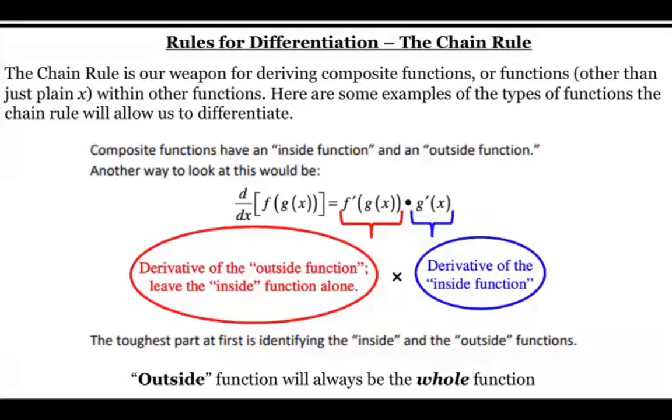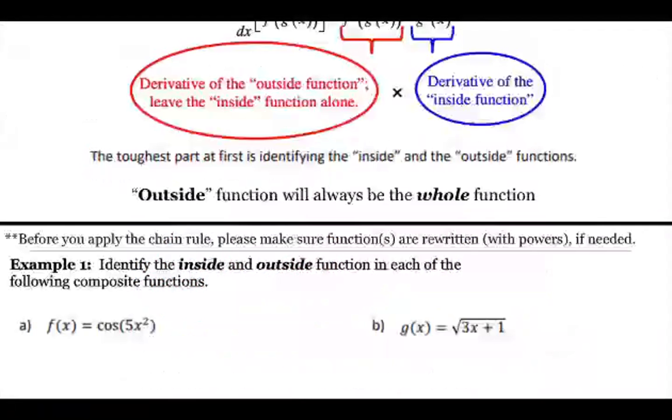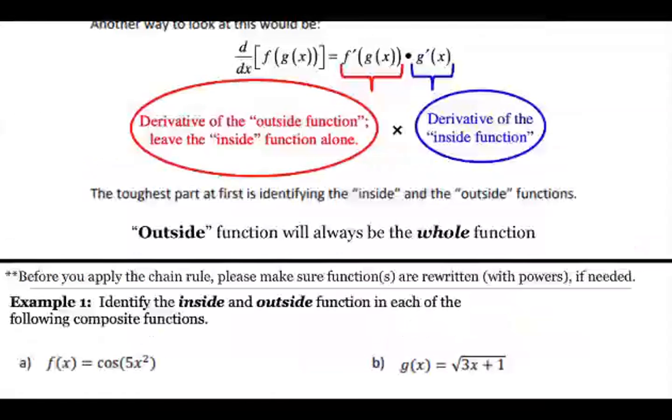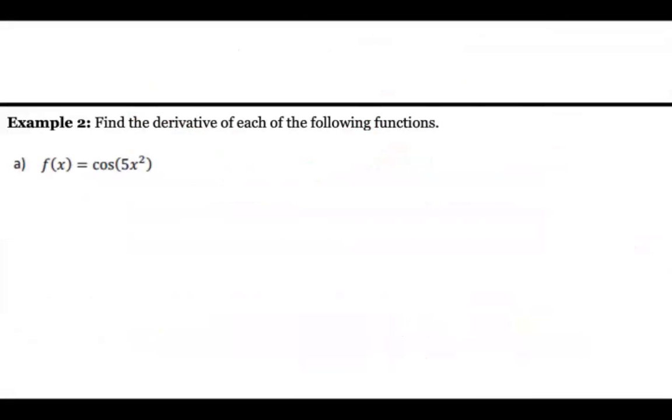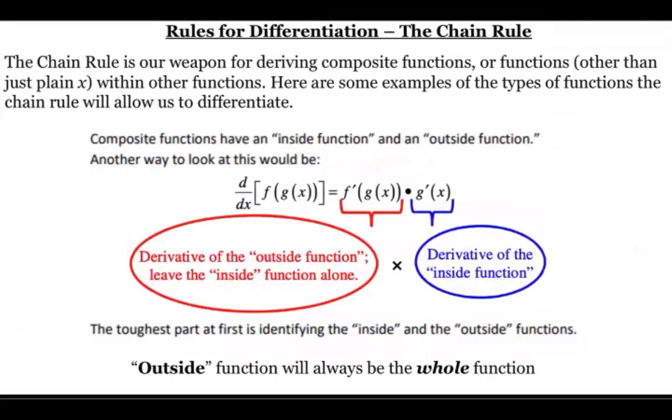Here is the rule: if you have a function inside of a function, you take the derivative of the outside function, the one you started with, and then you take the derivative of the inside function, and you join them by multiplication.